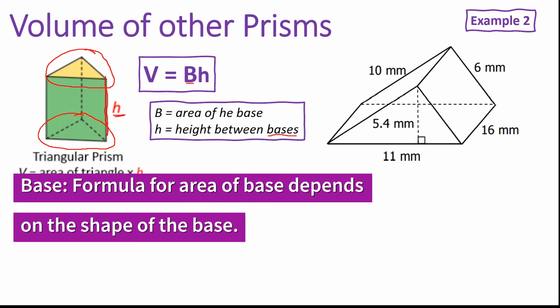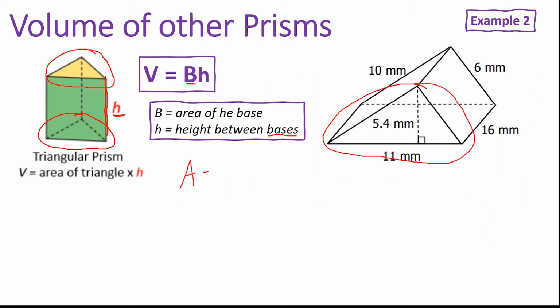So the area of the base, which is the triangle here, I'm going to use this one, doesn't matter. The area of every triangle is 1/2 base times height, right? So 1/2, the base of this triangle here is 11. The height of the triangle is right here, that is 5.4.